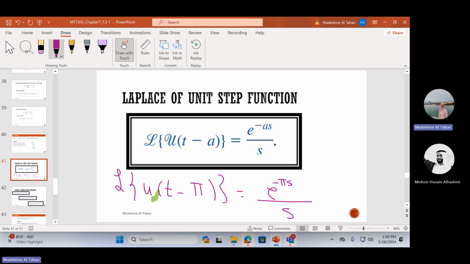This one is if you have just u(t - 1). Now we need to learn: if I have a function multiplied by u(t - a), how do I find its Laplace? Now, whenever we have a formula for Laplace, we said we will also have a formula for the inverse Laplace. So if we are asked to find the inverse Laplace of this one, it will be what? u(t - a). Okay, Miss?